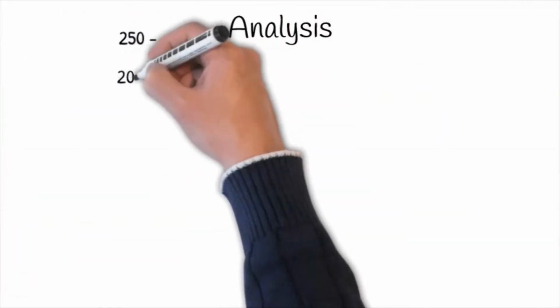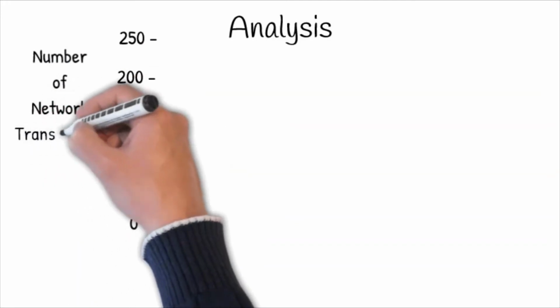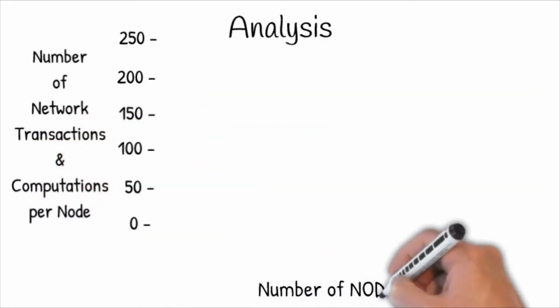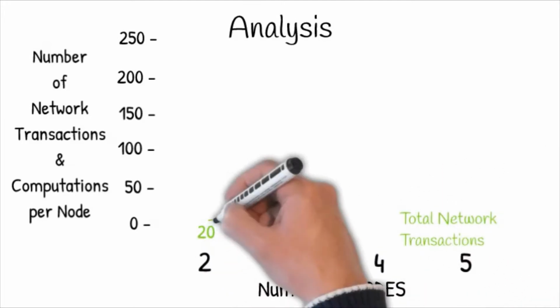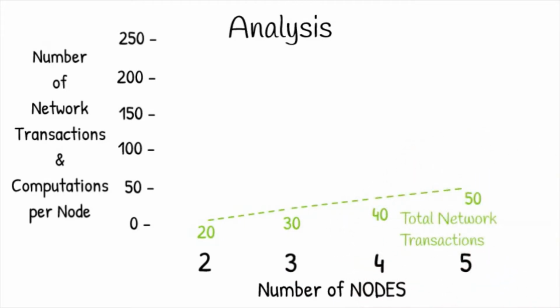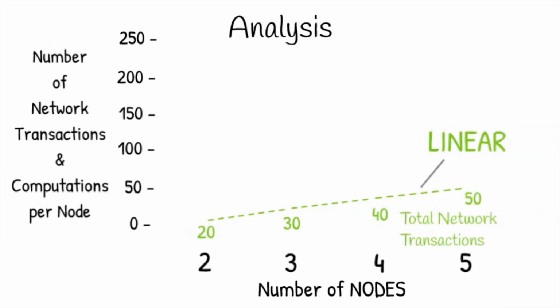So let's graph this to demonstrate it visually. There are the number of network transactions and the computations per node on the y-axis and the number of nodes on the x-axis. The total number of network transactions increases from 20 to 50 as a straight line. It's a linear progression.